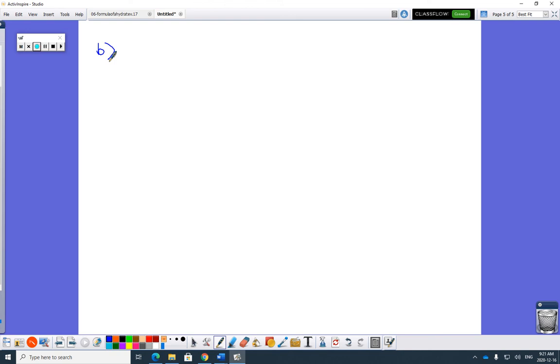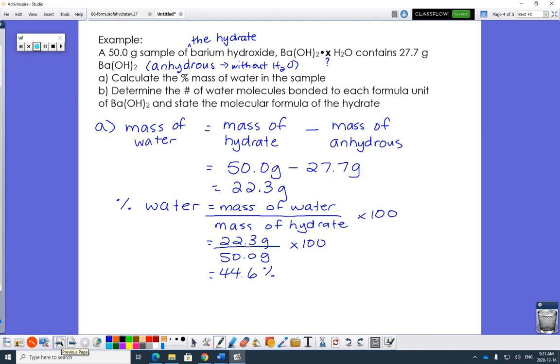As soon as it says hydrate, or the question will even look weird like this, like how many waters are there? That's when you do one column for water, always, and then the other column will be the ionic compound. In our case, it is barium hydroxide.